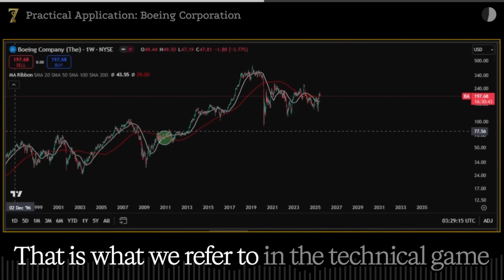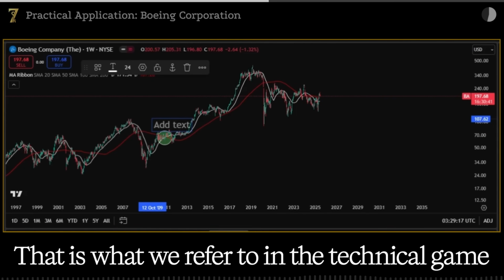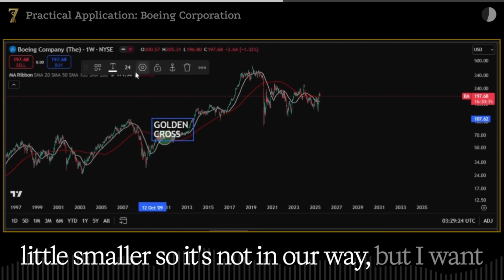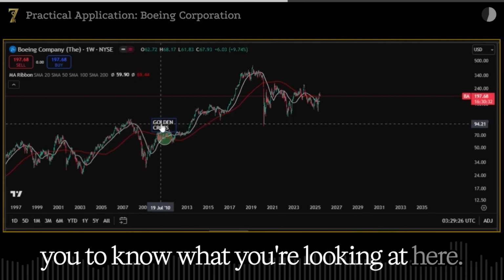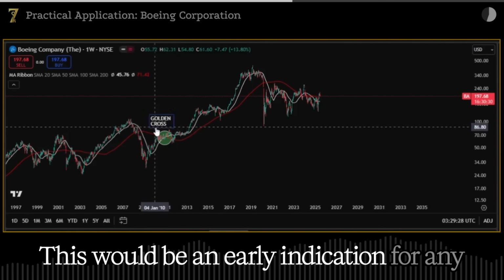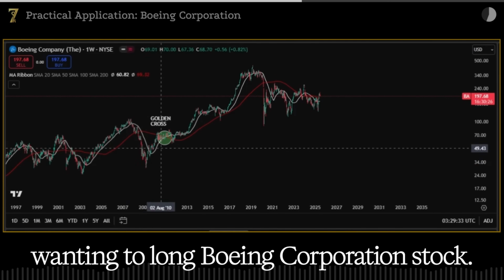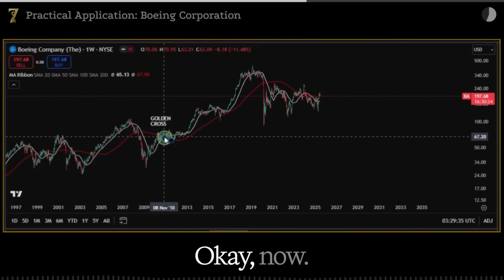That is what we refer to in the technical game as the golden cross. And I'll make that a little smaller so it's not in our way, but I want you to know what you're looking at here. This would be an early indication for any wanting to long Boeing Corporation stock. This would be a great time to do it, okay?